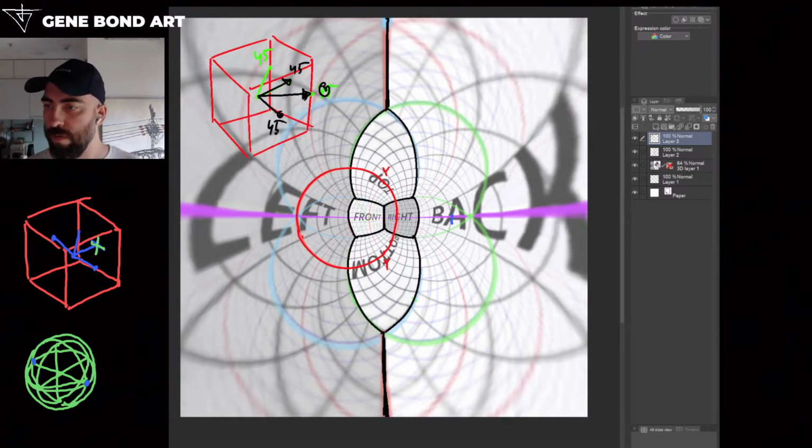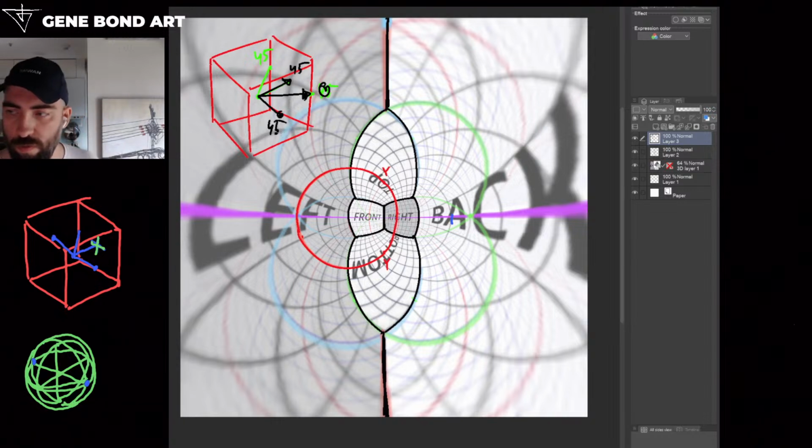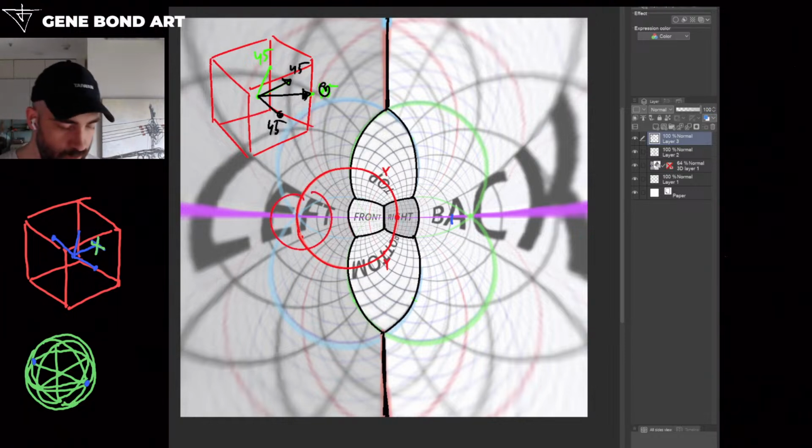Okay, so you see here we draw this: the center of the right wall and the center of the left wall are kind of vanishing points for this 45 circle.